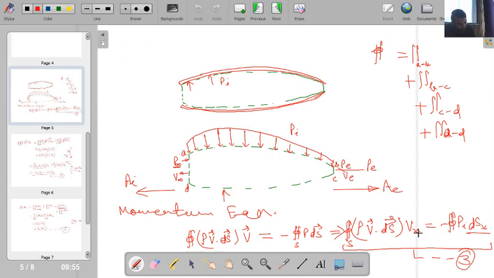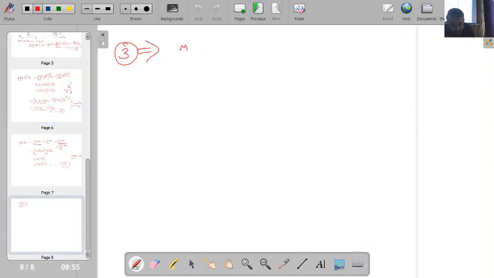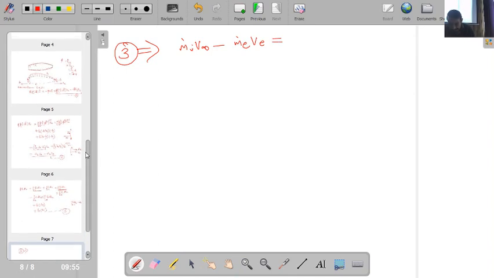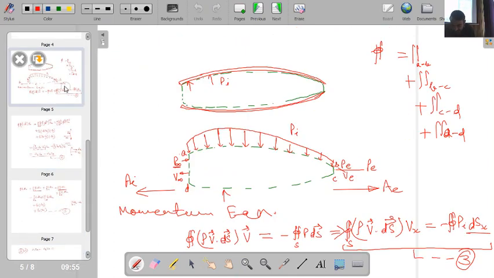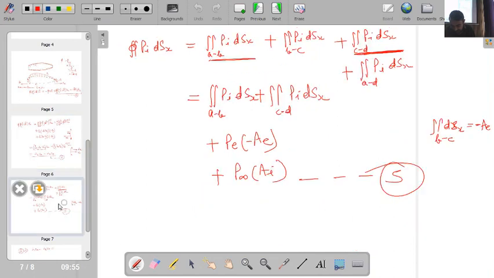This is equation 3, so first I substitute equation number 4 here: m dot I V infinity minus m dot E VE equals minus of the integral of pi ds x, which I have just calculated.